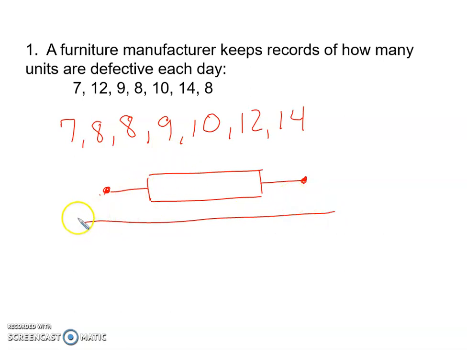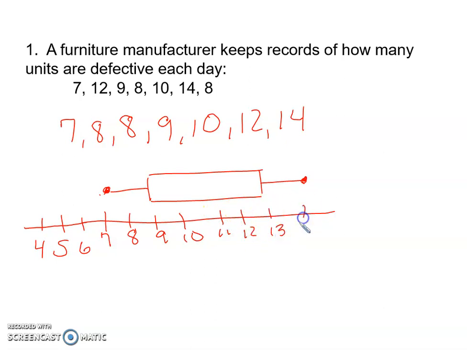Okay? So we're going to draw a number line here, and I'm going to put some numbers on it. And I'll just use all the numbers that I have so far.